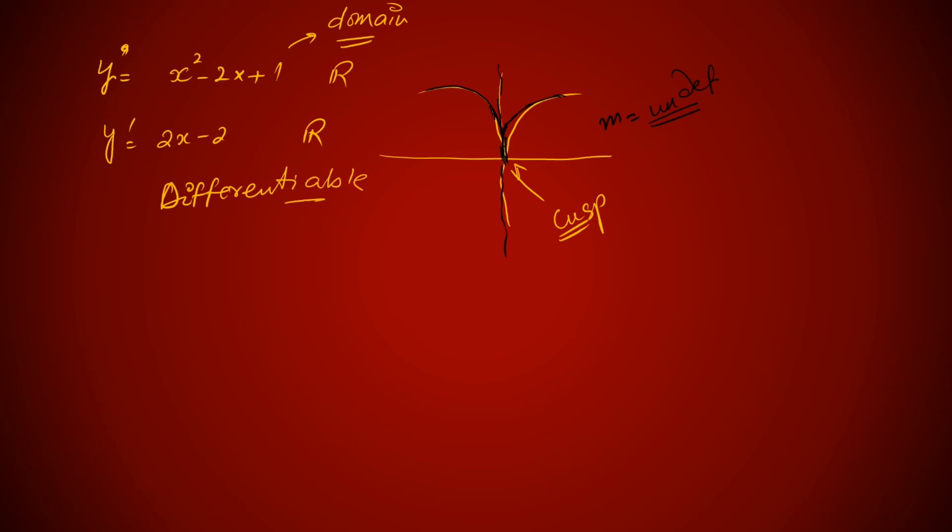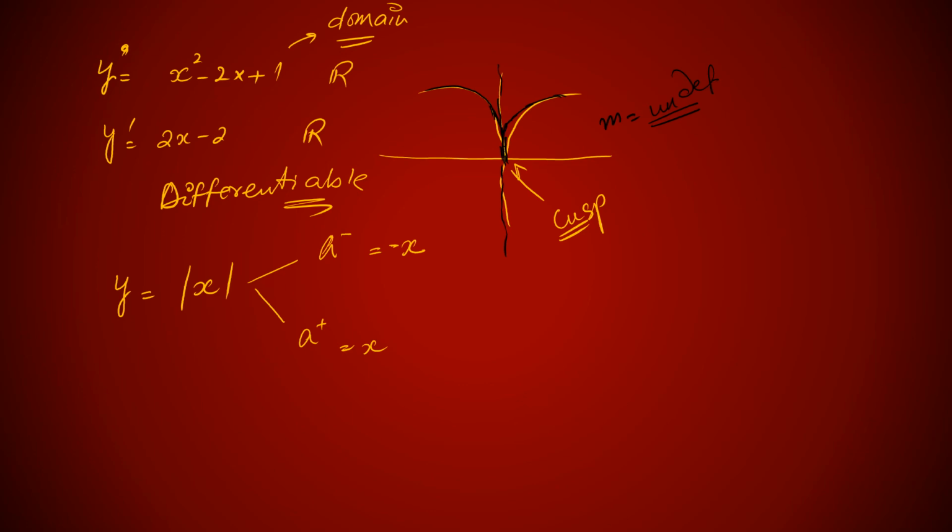Now, let's look at the graph of the function equals the absolute value of x. When we have any function with the absolute value of x, we can open it up: from the right hand side the function is equal to x, and from the left hand side it is negative x.